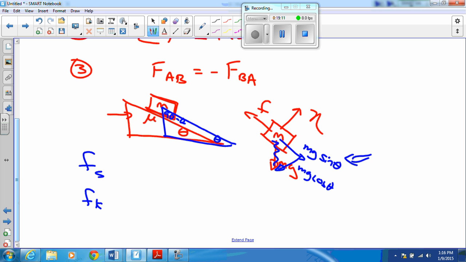When the object is not sliding with respect to its surface. What important class of objects should not be sliding? Rolling objects, especially wheels, right? We do not want our wheels to slide, especially when they're on our cars, on our roads. And so rolling objects experience static frictional force.